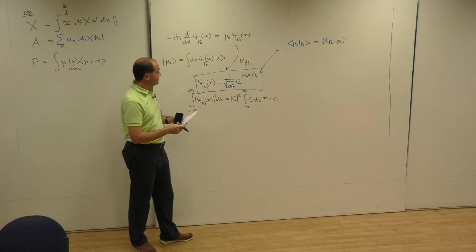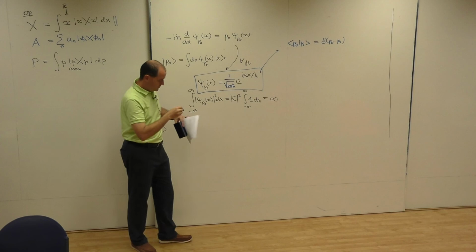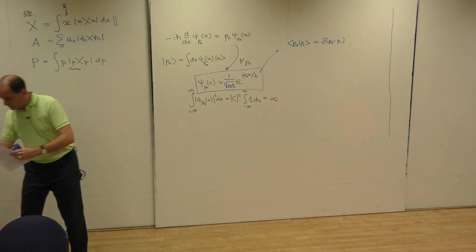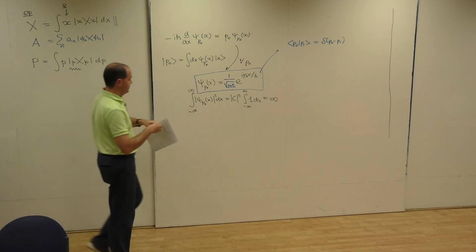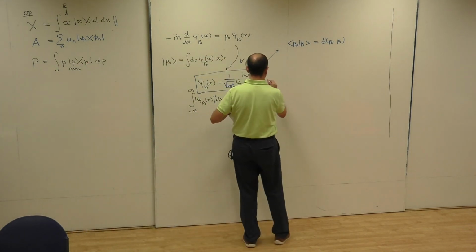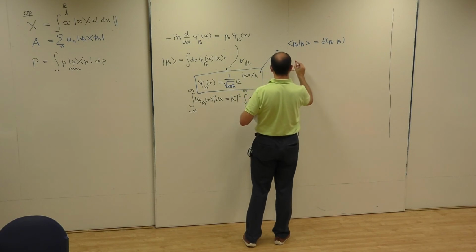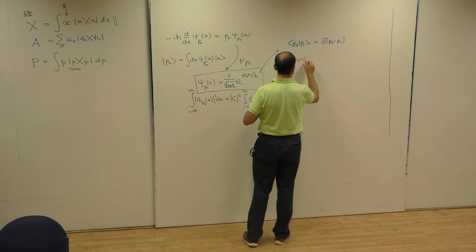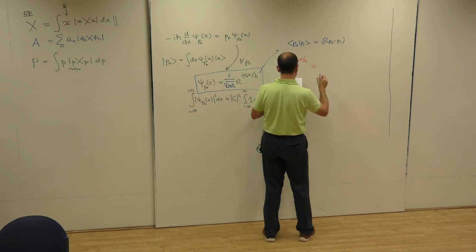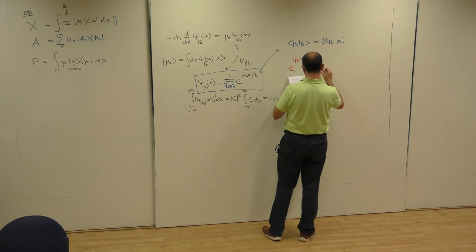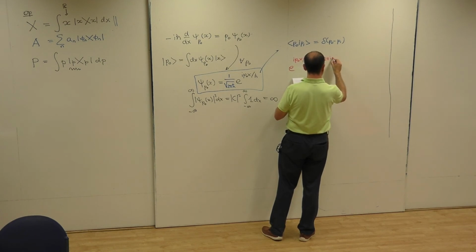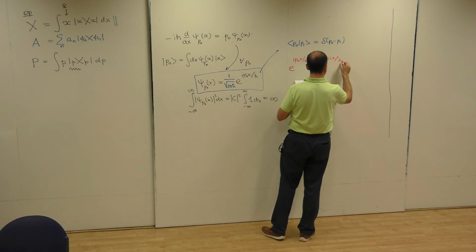There's another way of writing this thing, which is like that. So sometimes this e to the i p0 x over h bar is written as, how does that go? e to the 2 pi i x over the de Broglie wavelength.